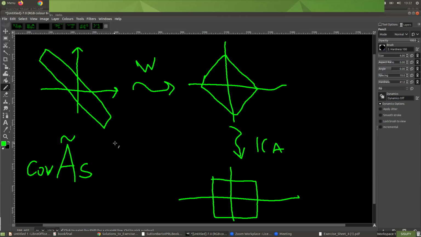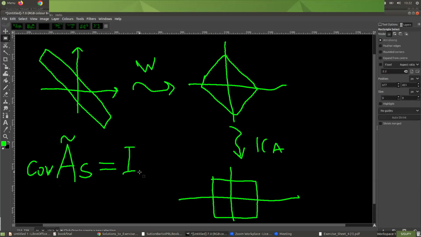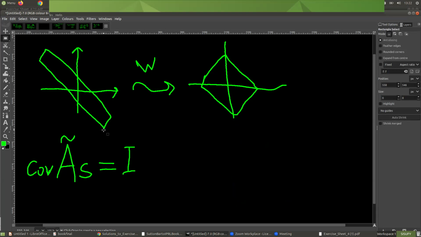But that means, sorry, what did I want to say? So the covariance of this is identity. This is just by definition of whitening. So I transformed it so that it is identity. And what I want to say is that from this, it follows something interesting.